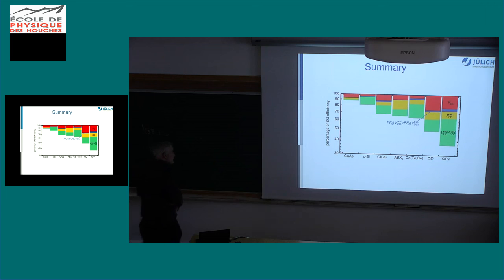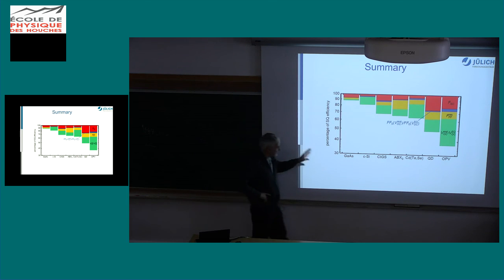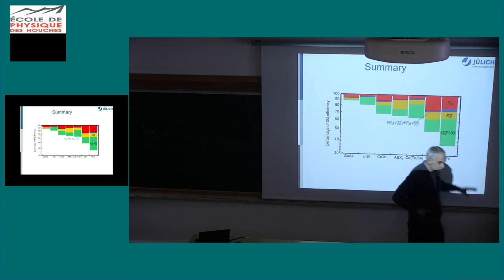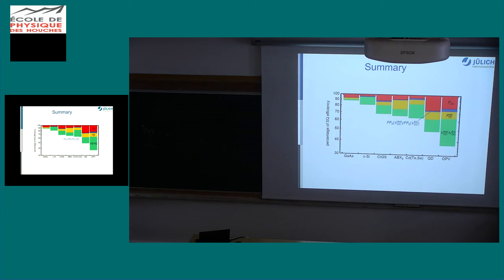Because what we have taken here is really, last year, all the record solar cells from all these different technologies. And if you have the data, and essentially you need the IV data for doing that, it's quite instructive.